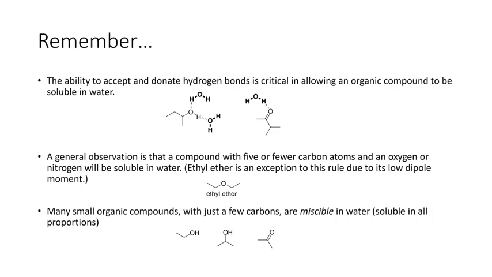And many small organic compounds with just a few carbons are actually more than just soluble. They're miscible in water, soluble in all proportions. Compounds like ethanol, isopropanol, and acetone. Well, I hope that helped, and I hope you've got it.